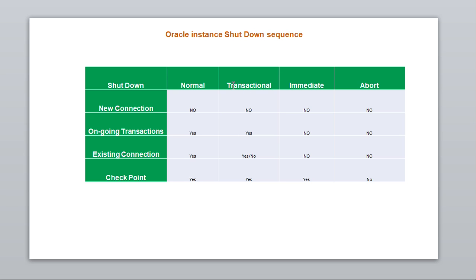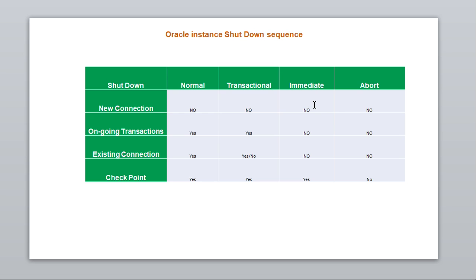If you take the Oracle instance shutdown transactional, what happens? New connection, no. Ongoing transaction, yes. Existing connection, in some cases yes, in some cases no. Checkpoint, yes, occurred. If you take the Oracle instance shutdown immediate, what does it do?